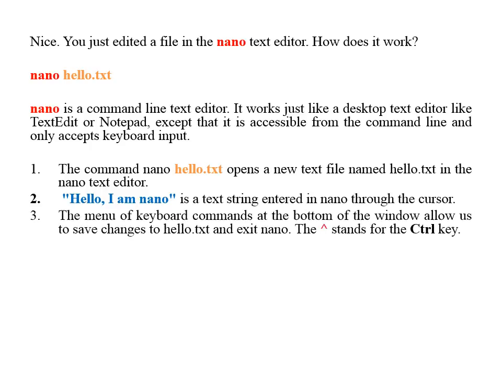The menu of keyboard commands at the bottom of the window allows us to save changes to hello.txt and exit Nano. The caret or circumflex stands for the control key. Ctrl+O saves a file. O stands for output.